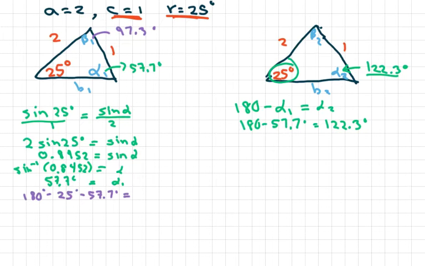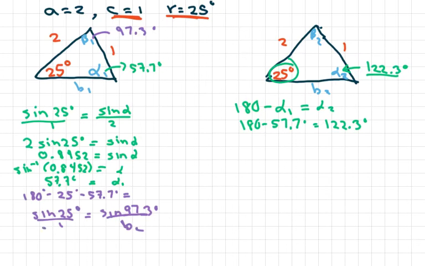So we're going to get sine of 25 over 1 equals sine of 97.3 degrees over your b1.